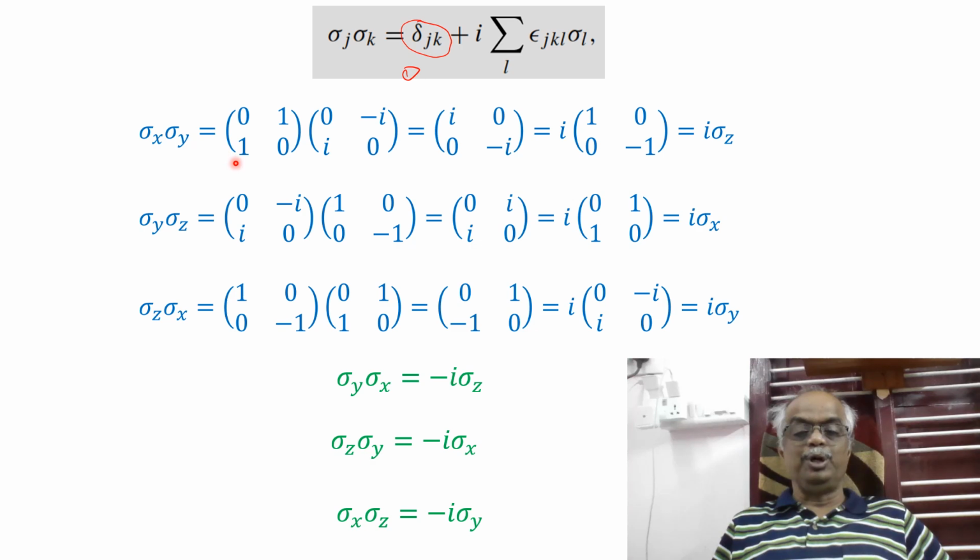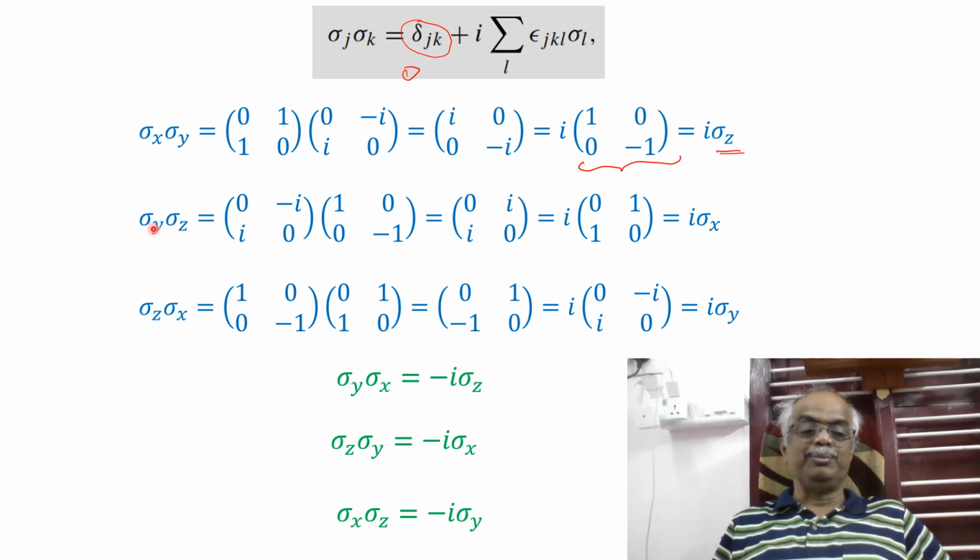Same thing, if you multiply second row first column 0, second row second column minus I. And now you take I outside. Then the first term will become 1, this is minus 1. So what is this matrix? This matrix is sigma z. Of course, we have I in front of it. So it is I sigma z.